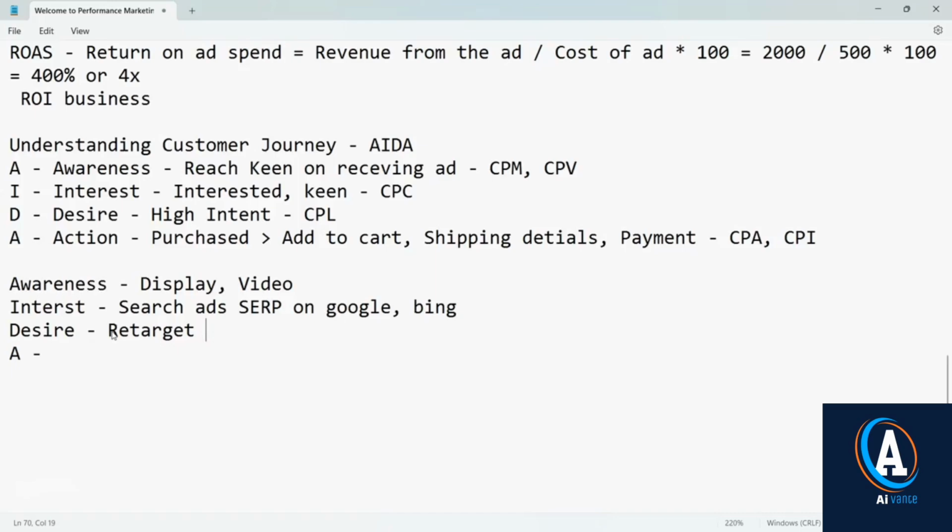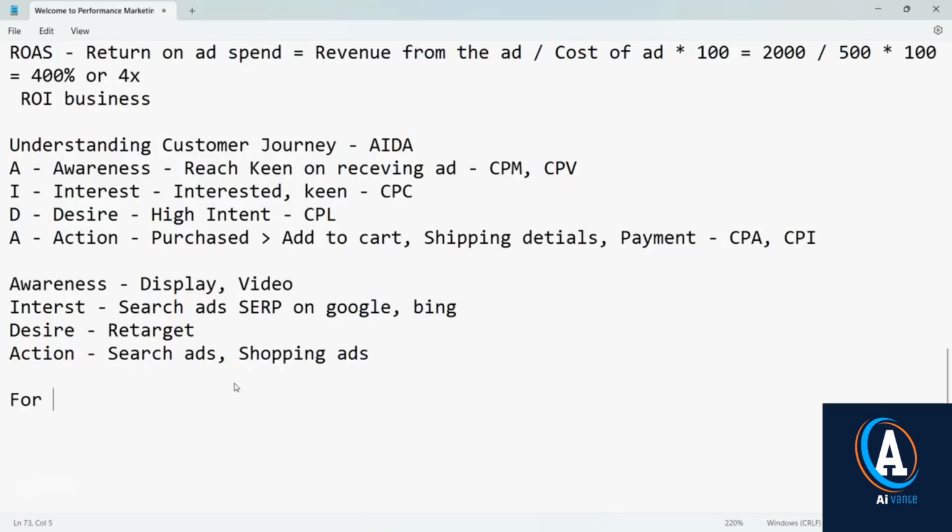They start showing you ads around that again and again. That is your retargeting. At times it can also be annoying, but the conversion there is awesome. Talking about conversion, that is where action comes into the picture, where you're looking at search ads or shopping ads to convert the client to buy from you.